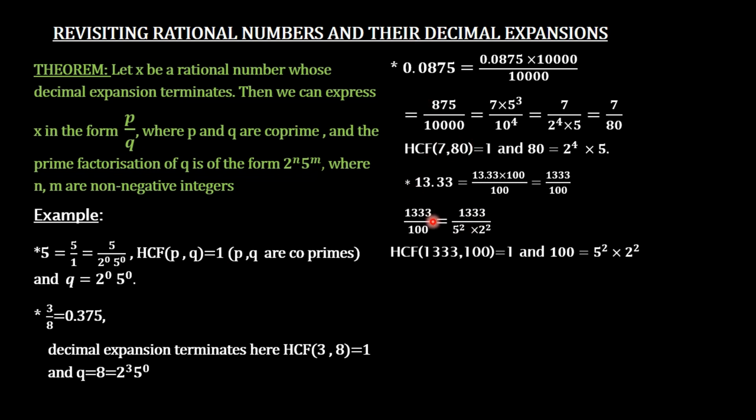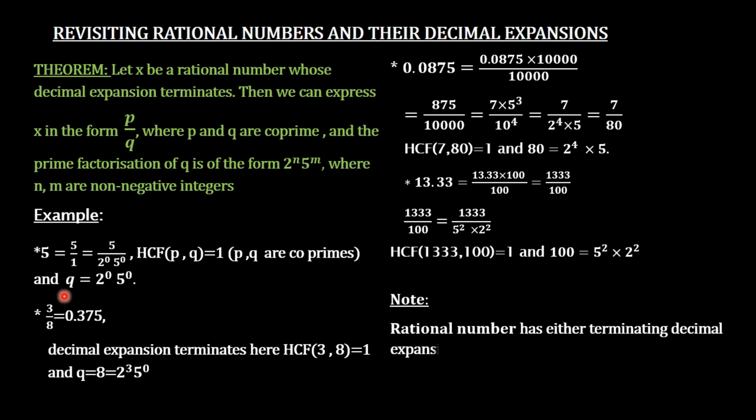How did these numbers come to be rational numbers? Let us check. You have to know, from previous knowledge, that a rational number has either a terminating decimal expansion or a non-terminating recurring decimal expansion.